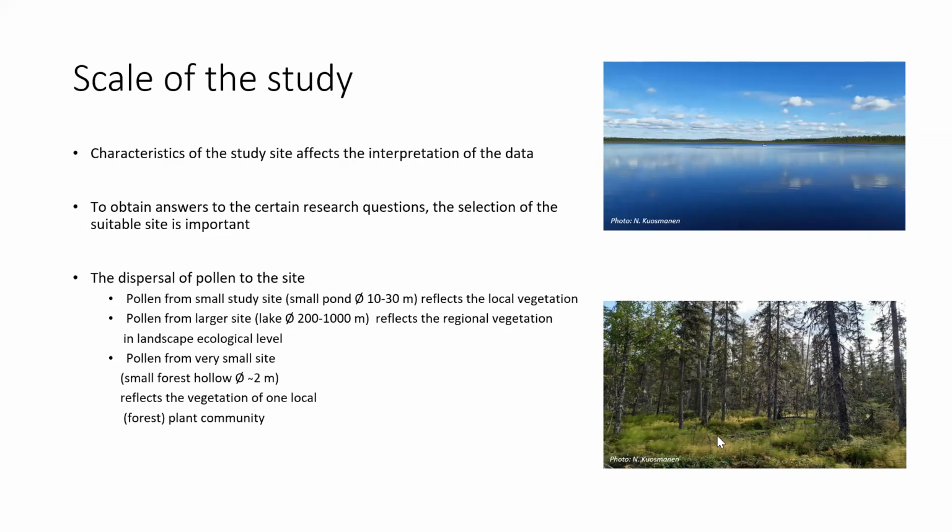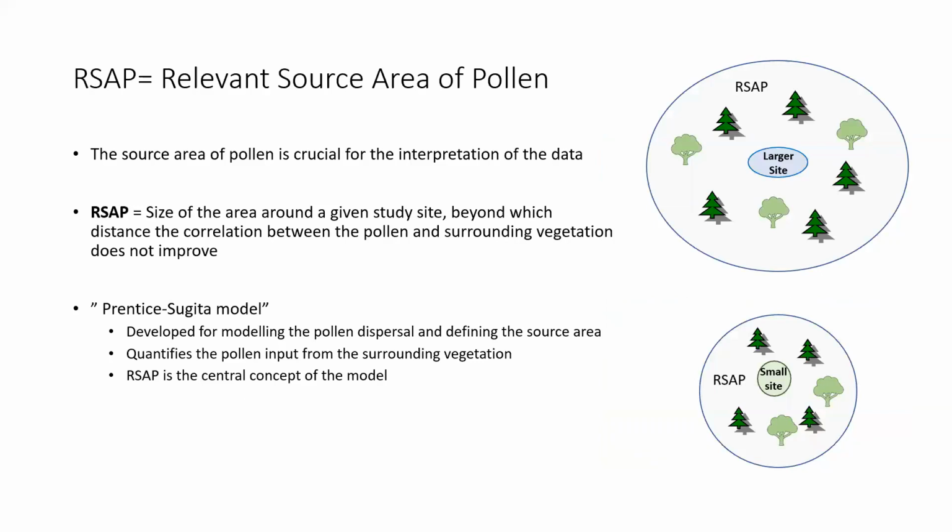Then at the lower picture we have this small forest hollow which is inside the forest, and most likely the pollen comes from the surrounding trees and the surrounding vegetation, giving different information between these sites. Basically the area that has a meaningful effect on the pollen record is called the relevant source area of pollen.